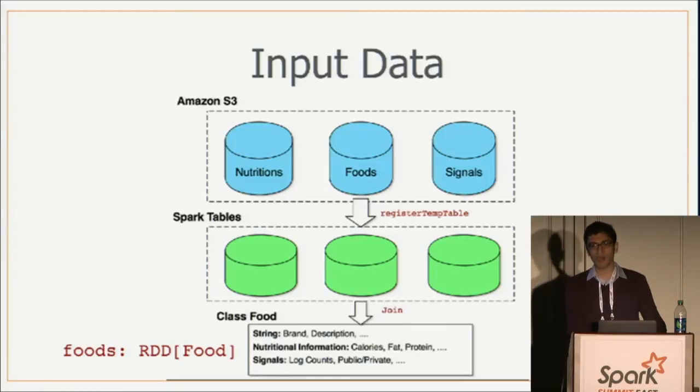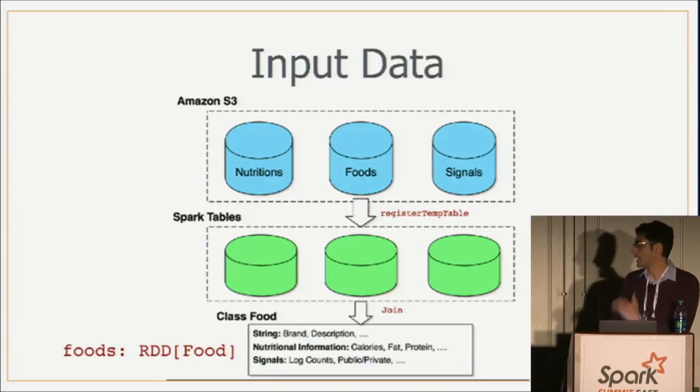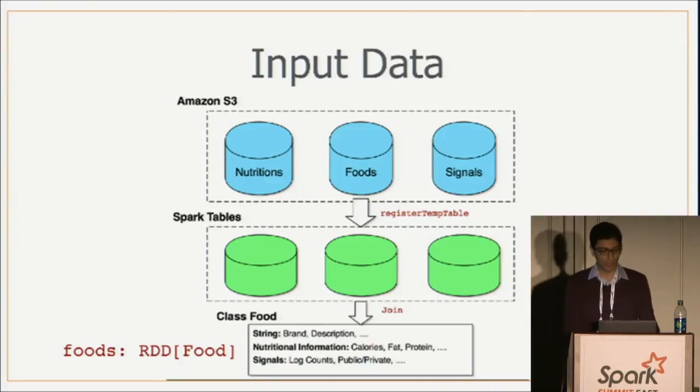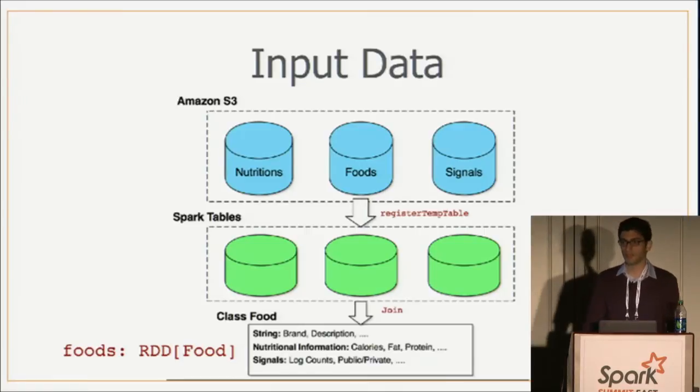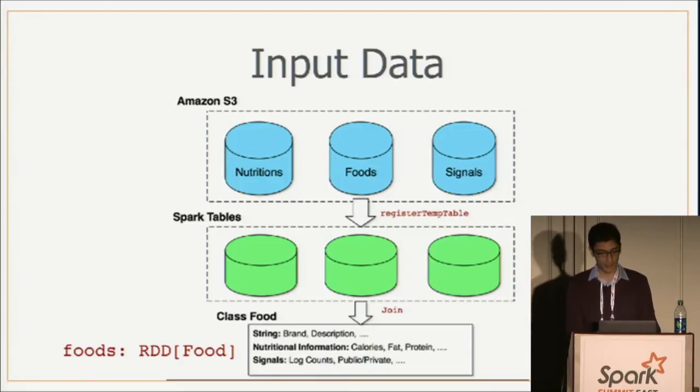From now on, we were dealing with an RDD of all the food items in our database. Of course, a couple of high-level filters were applied on top of the food items, but the size of the RDD after this process was still really huge.